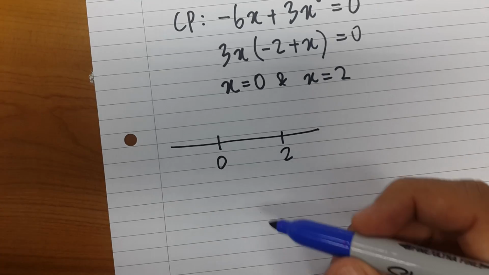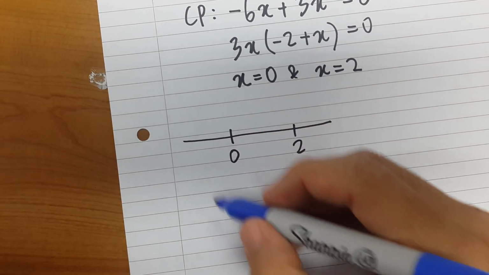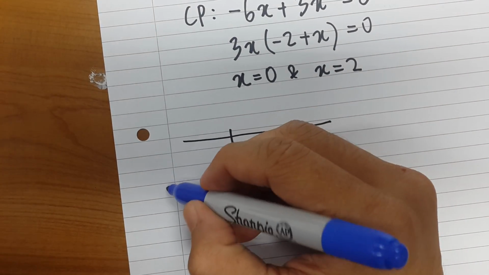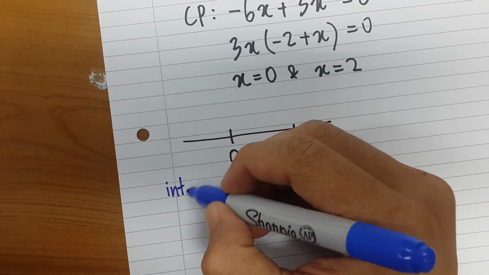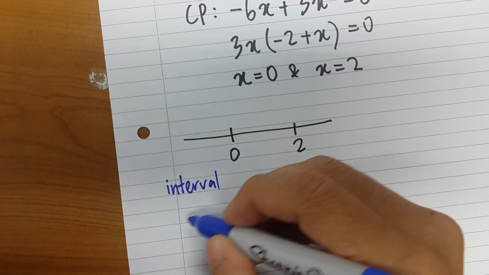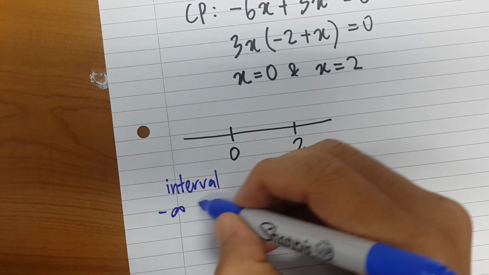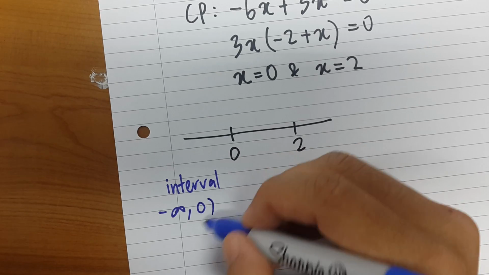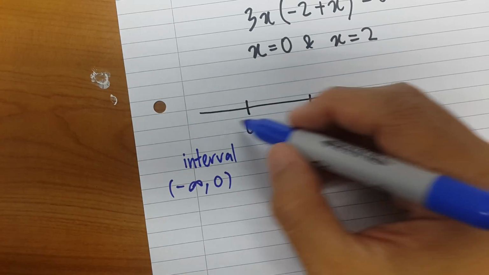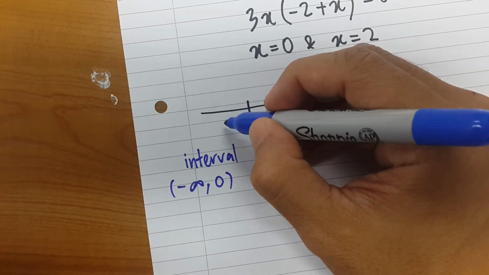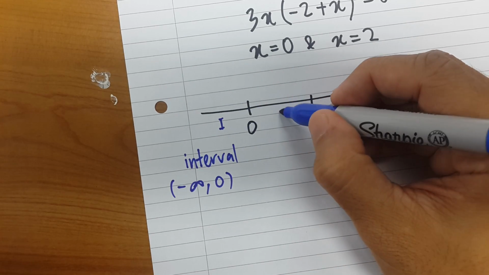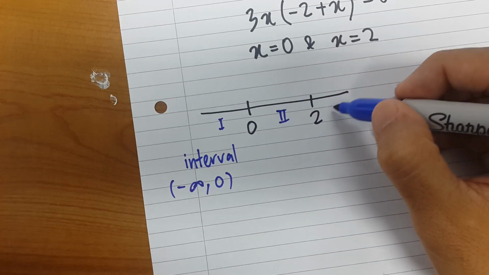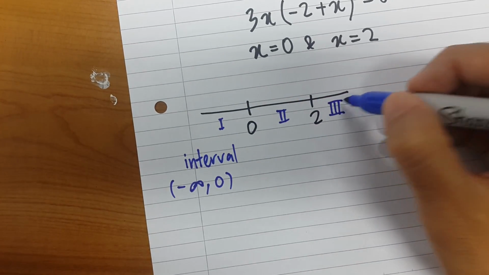Based on this number line, we have our sections of the graph. We can divide them into certain intervals. The first section is from negative infinity to 0. Let's name our sections: this is our first section, second section, and the third section.